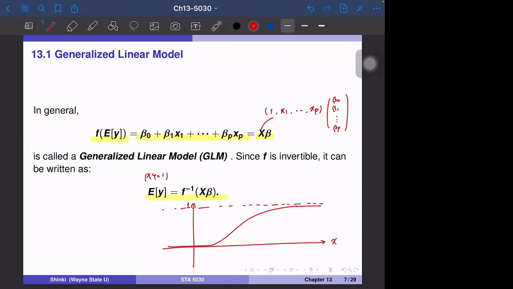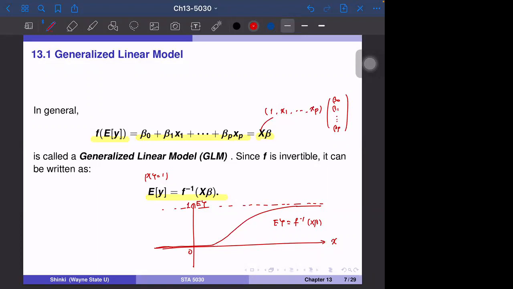But the probability just approaches 0. So we use this curve. This is basically f inverse. So maybe this is probability. So I would say the expectation of y, E of y, is equal to the f inverse of x beta. Okay, so this is just the image.